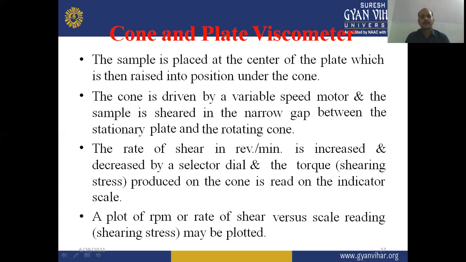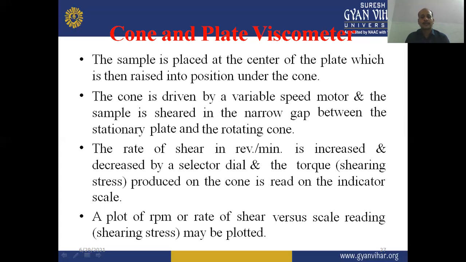When we plot the rheogram, the consistency curve between rate of shear and shearing stress, we can obtain a characteristic graph, and on the basis of this graph, we can determine the viscosity and characterize the sample also.